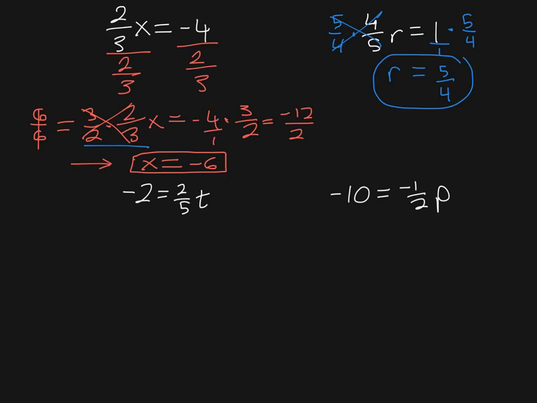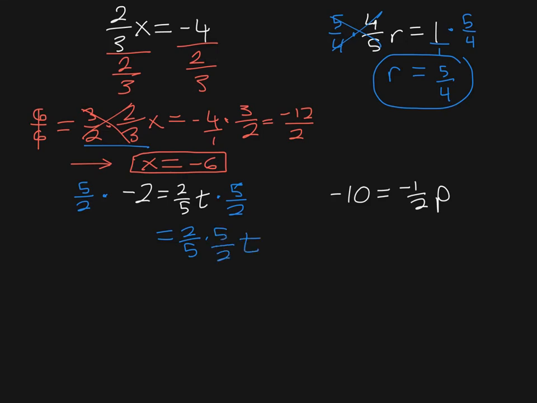Down here now, we have negative 2 equals 2/5 times t. We're going to do this problem the same way. Times 5 over 2 on this side, times 5 over 2 over here. Now, 2 over 5 times 5 over 2, I can think about this using the commutative property of multiplication.